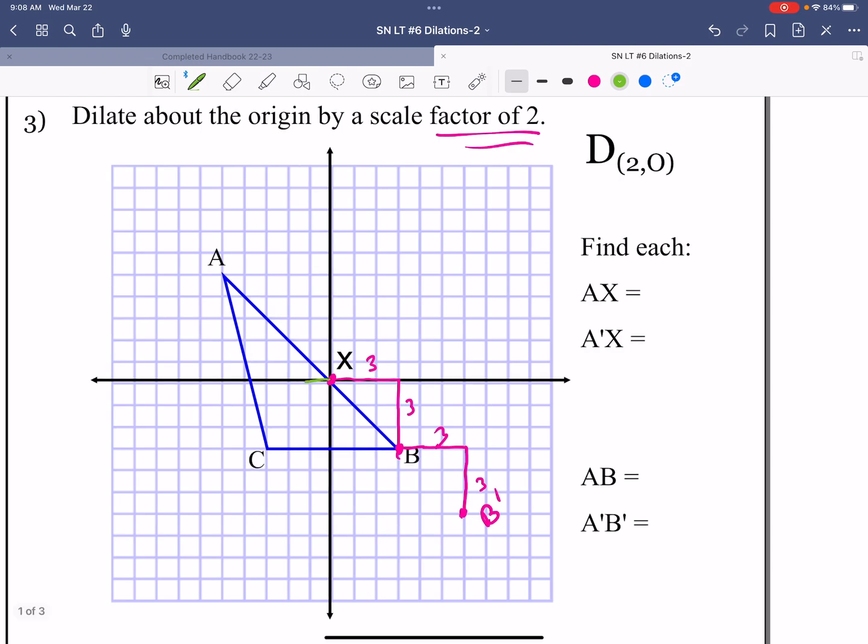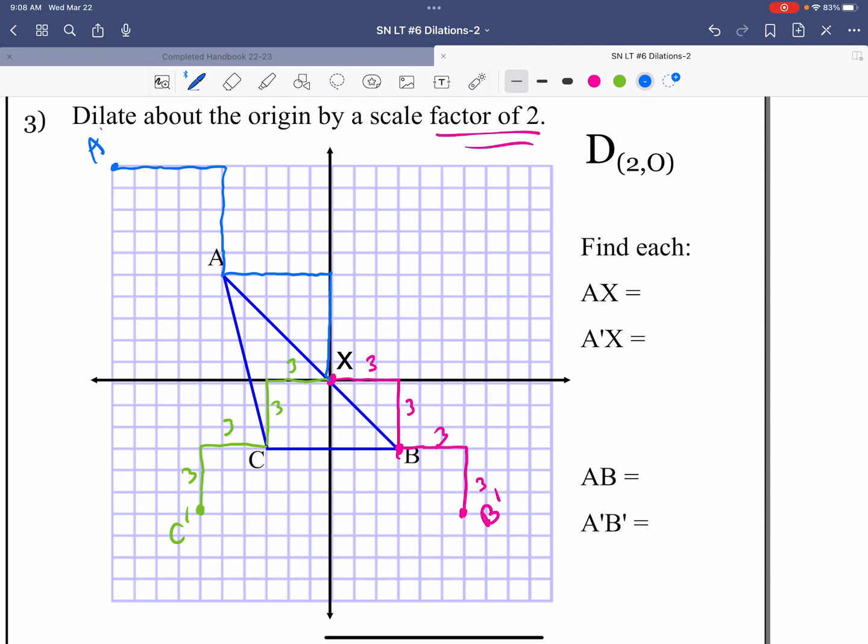C prime, if I go left 3, down 3. I got to do that again, left 3, down 3. Again, be consistent. C prime is going to be down there. Now to get to A, I go 1, 2, 3, 4, 5, and repeat that again.